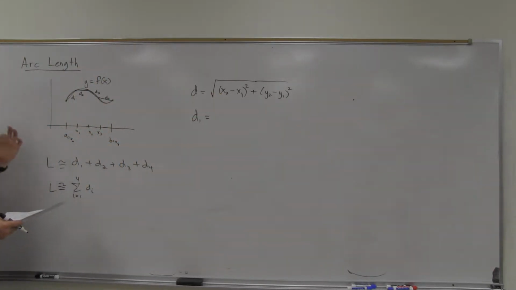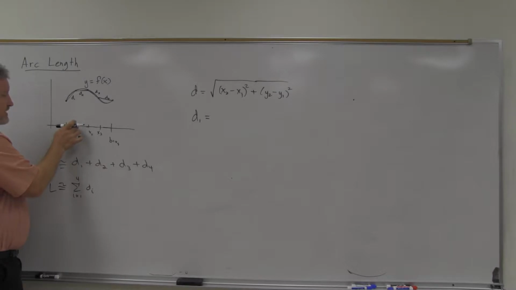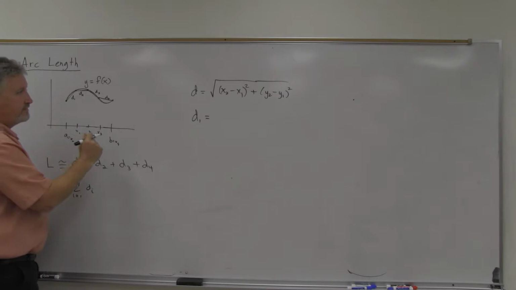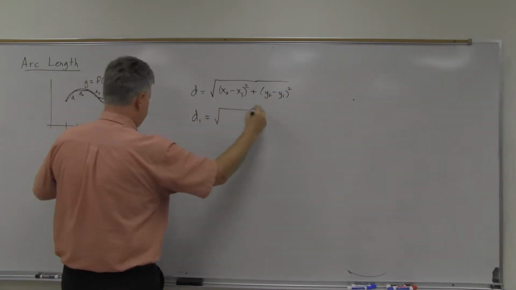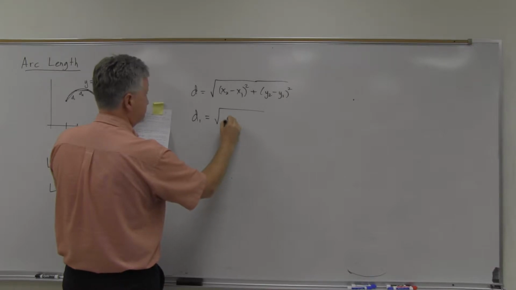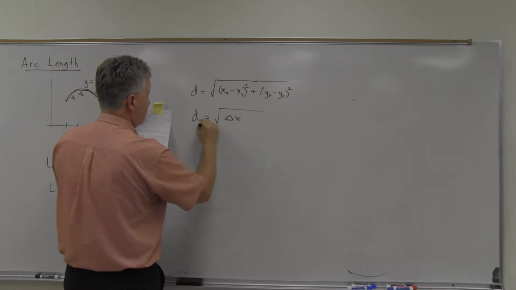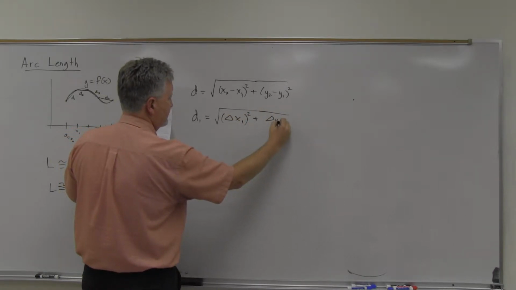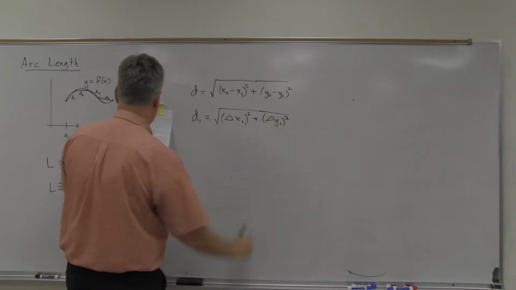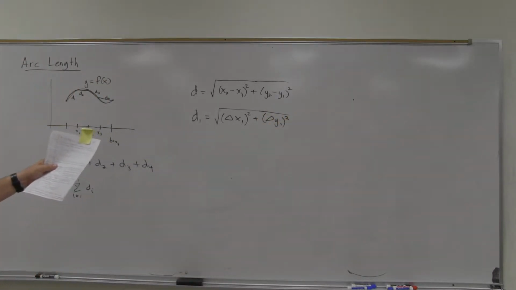However, here's the way we'll handle this: the difference of the x's we also know as delta x, and the difference of the y's is delta y. So that's the first thing I note there. If we do d1, it would be delta x1 squared plus, and of course that would be the same for all of them, delta y1 squared.